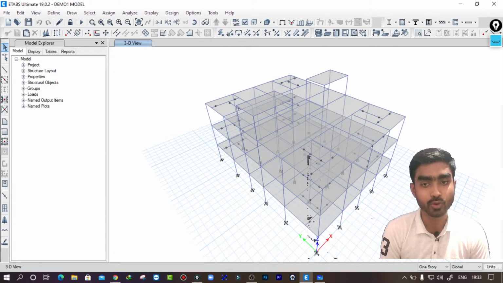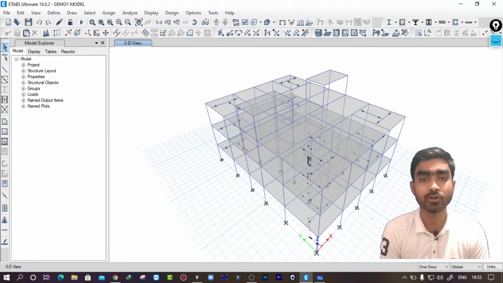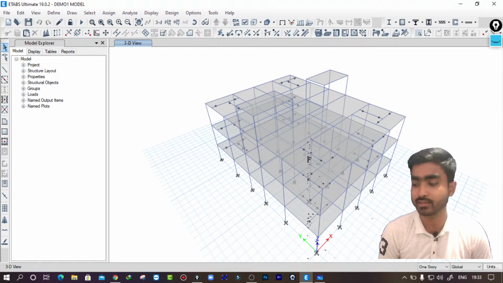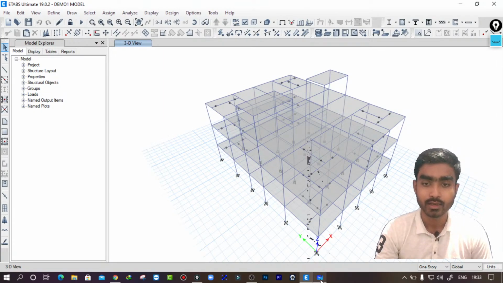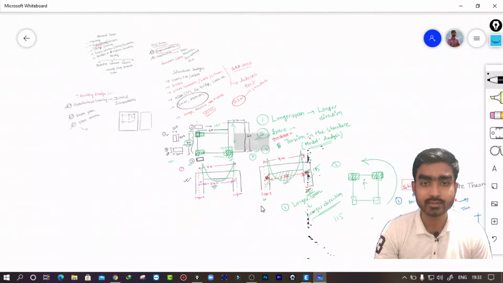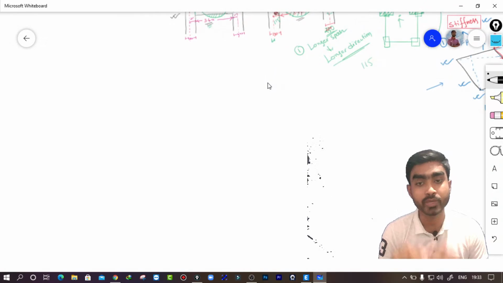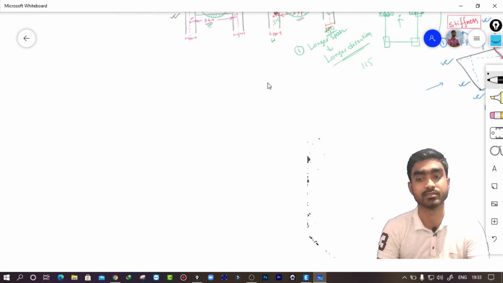And if you want to know more in depth, you can read any books of structural dynamics. Okay, you can go to the CSI knowledge base and you can read their articles too about the modal analysis. So from modal analysis, what we understand actually, the modal analysis tells us how the structure is going to behave under different vibrations.